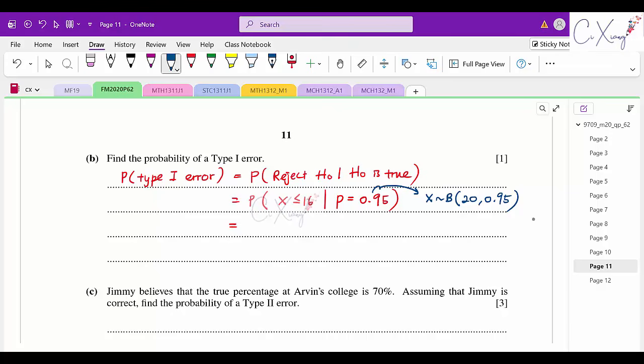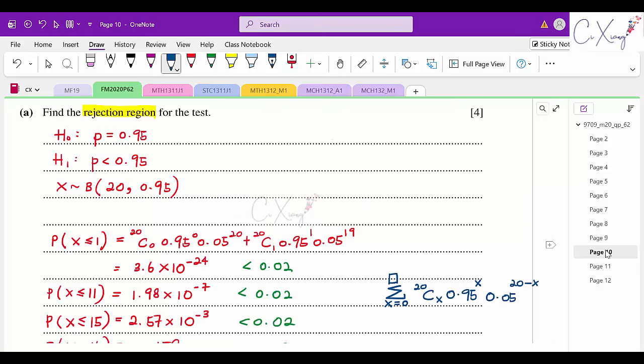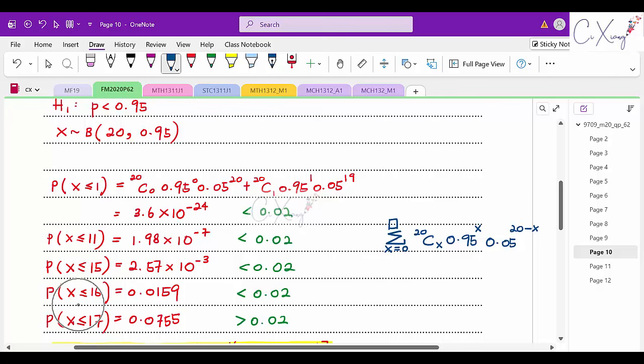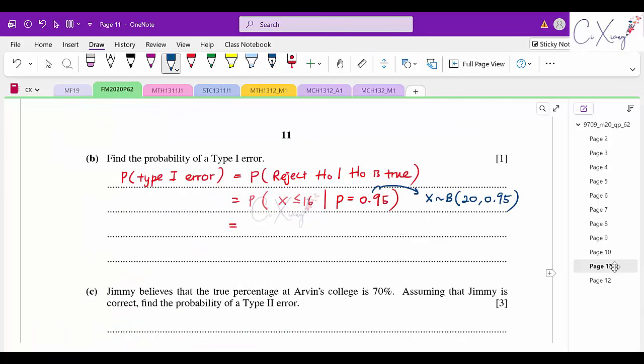No matter which method you use, you can see that this particular value has appeared in our calculation just now. Are you aware that we had x smaller than or equal to 16 using 0.95 for p? What's the answer here? 0.0159. So you can write out the answer directly from part A, which is 0.0159, correct to 3 significant figures.